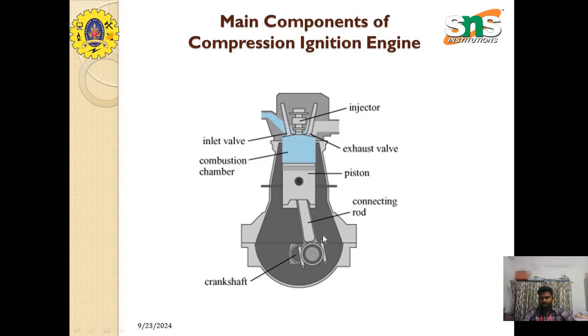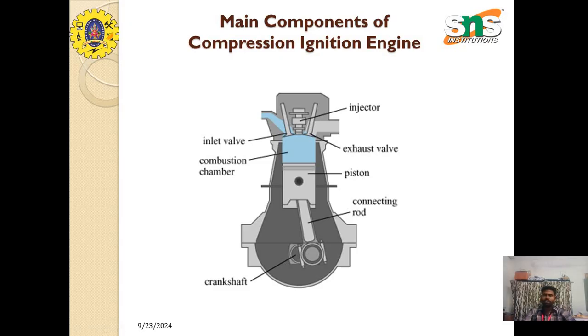The piston moves up and down, and this motion is converted into the rotary motion of the crankshaft. The crankshaft is connected to the drive so that we can get the motion of the vehicle.